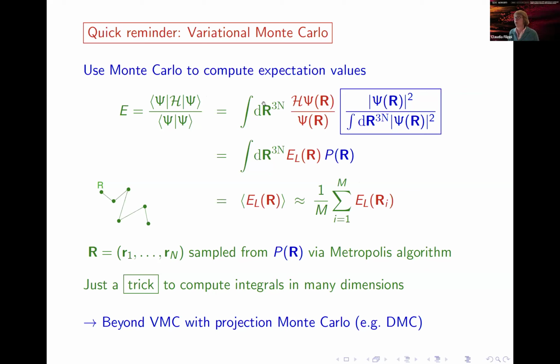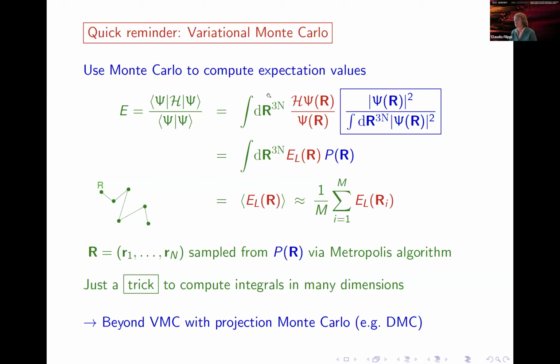The numerator you can rewrite as the Hamiltonian acting on the wave function, and if you divide and multiply by the wave function, you get the wave function squared. You bring the denominator inside, and the object in blue is positive and can be interpreted as a probability density.